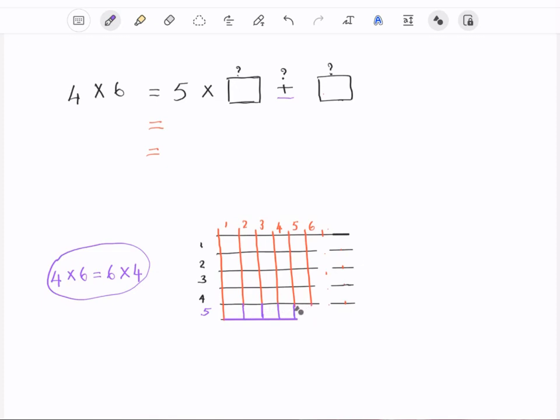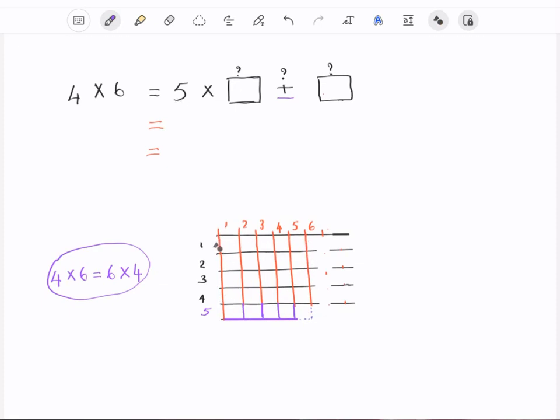So this would have been almost 5 rows and 5 columns, but for this little tiny piece here. So if we had this entire shape, this would have been a square of 5. So let me put that square of 5.